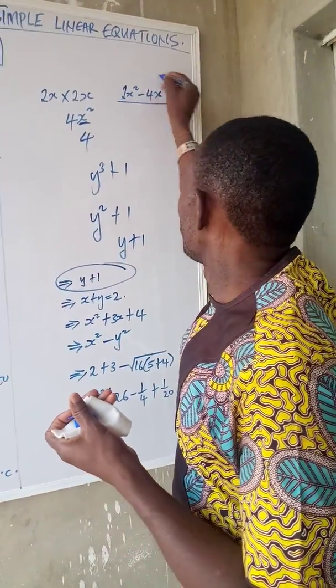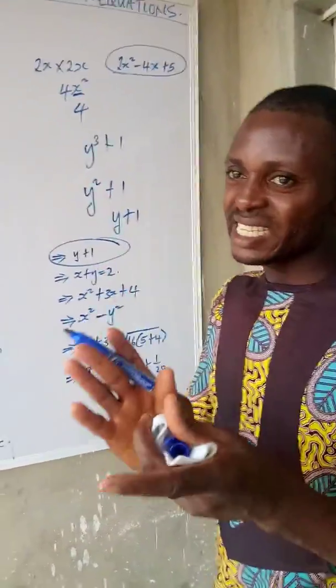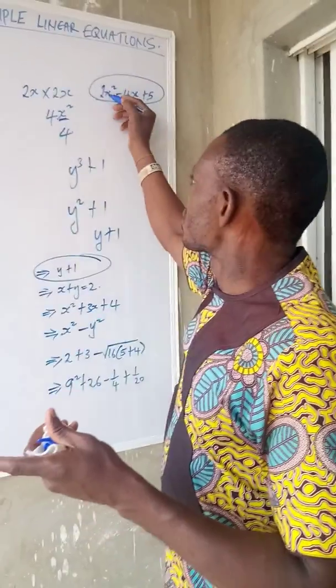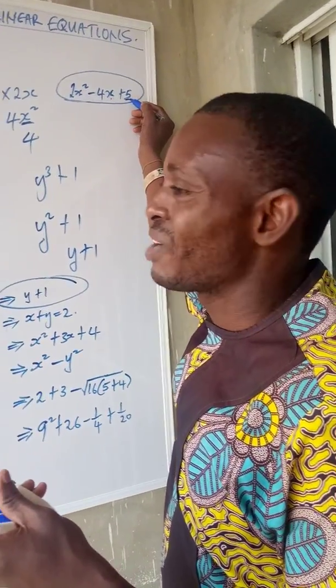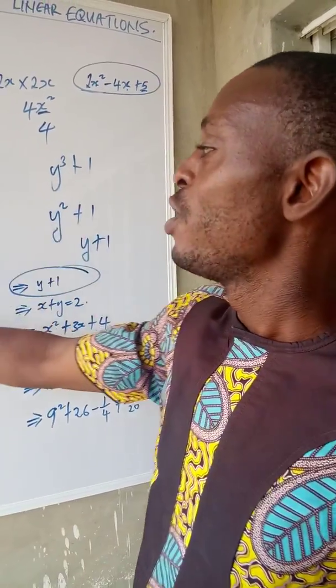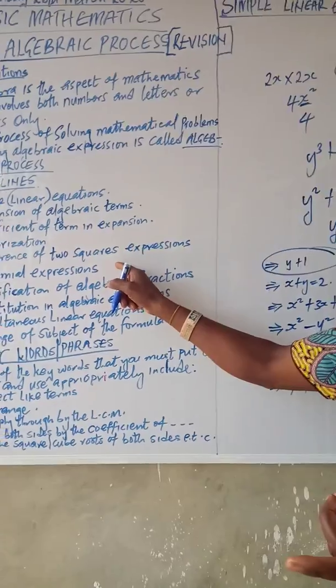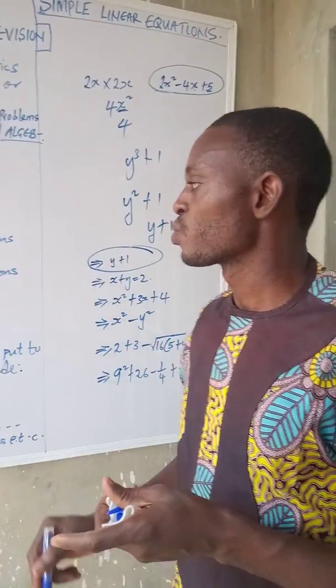This is a trinomial expression in the sense that there are three entities there. There's an entity in x squared, there's an entity in x, and there's an entity that's a constant. It doesn't have any letter. That's a trinomial expression, which in another term you can call a quadratic expression.